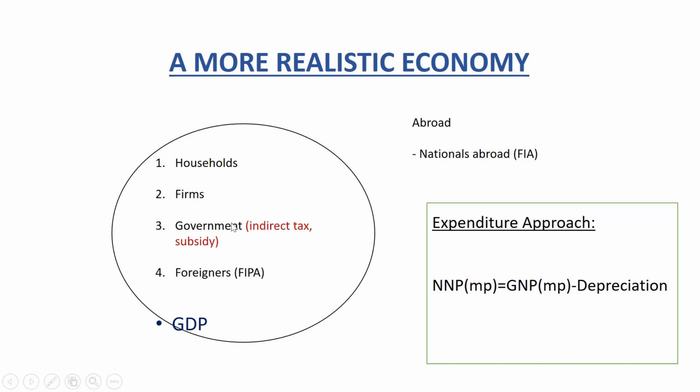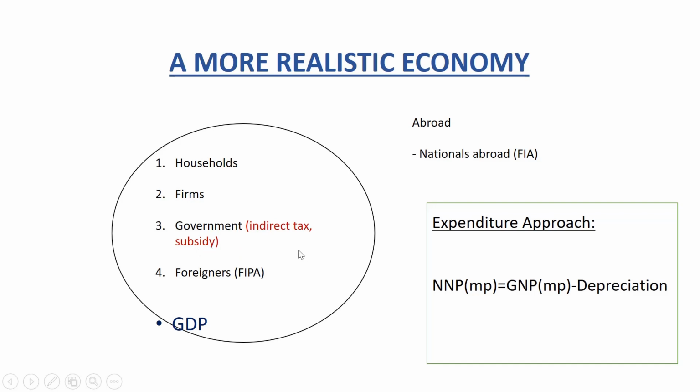Now, that is the essence of the presence of government. Government will impose indirect tax or grant subsidy. When they impose indirect tax, it makes the price higher than it actually is. When the government grants subsidy, it makes the price lower than it actually is.